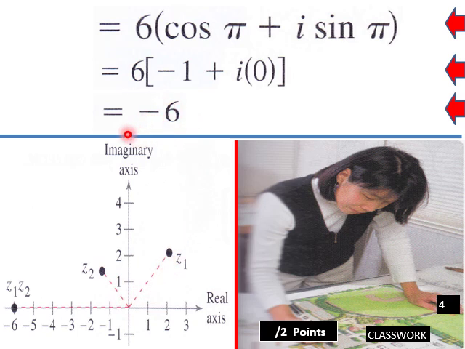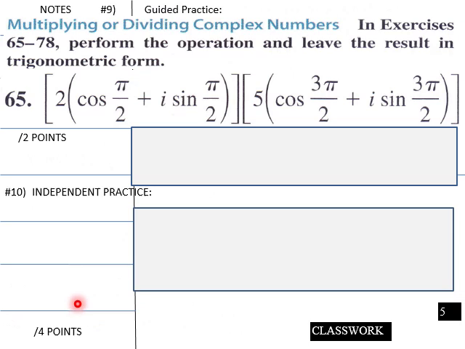So Z1 times Z2 is negative 6 on our real axis. This is a real number, negative 6, and that's illustrated down here.